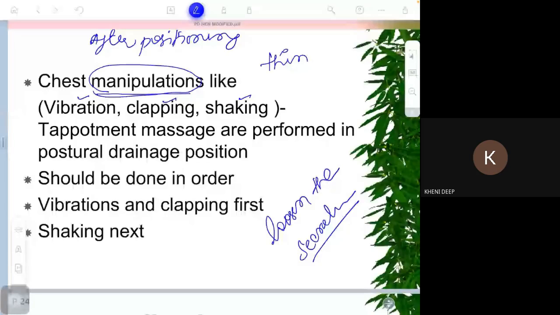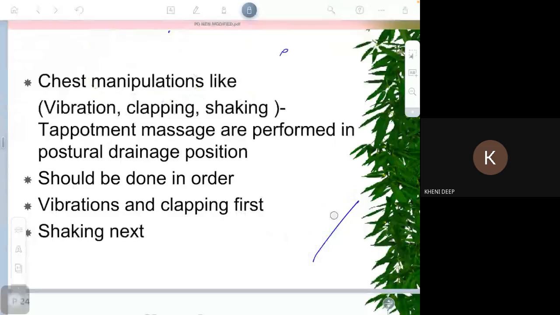Without manipulation, or without the vibration, clapping, and shaking, it is difficult to drain the secretions. So again I'll repeat, if the secretions are thin, then these manipulations are not required.